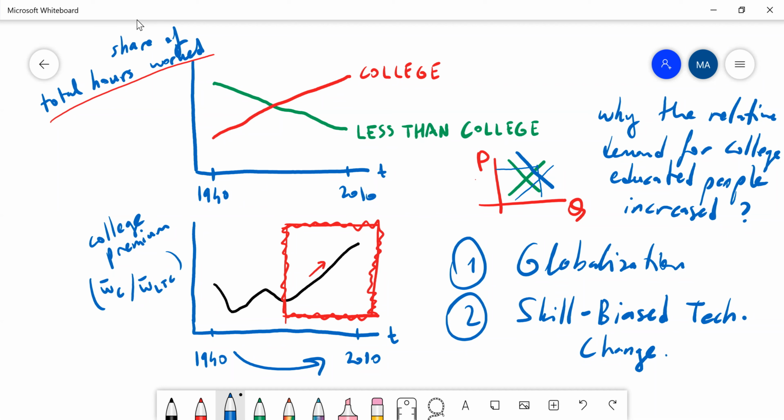But when we think of education, we have to consider such determinants as well, okay? Globalization and trade with labor-abundant countries and skill-biased technological change. In the upcoming weeks, again, we're going to discuss more specifically directed and undirected technological change, and automation issues as well.